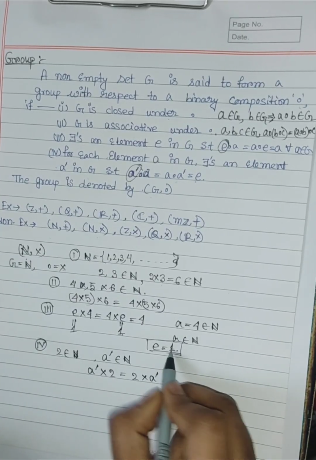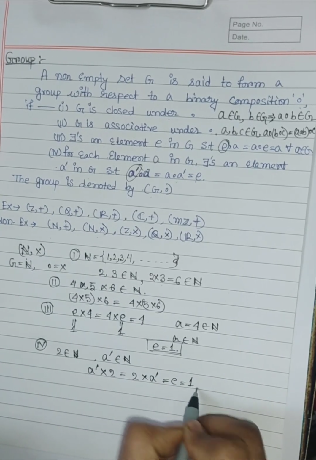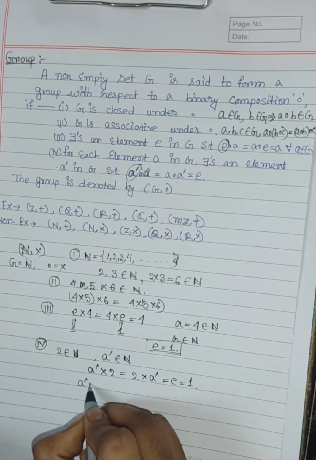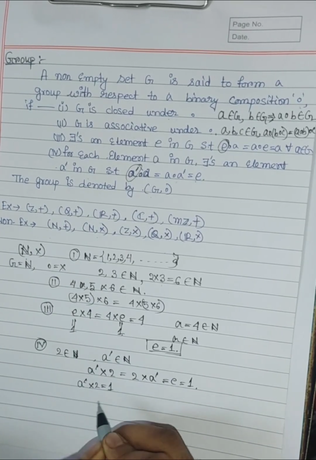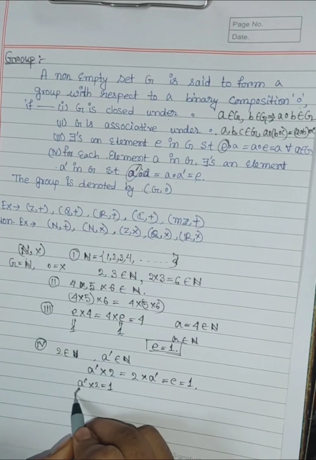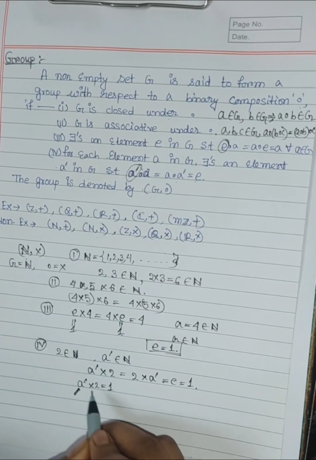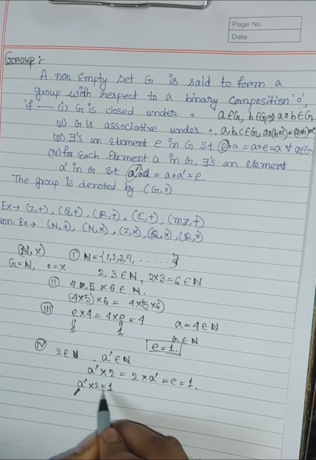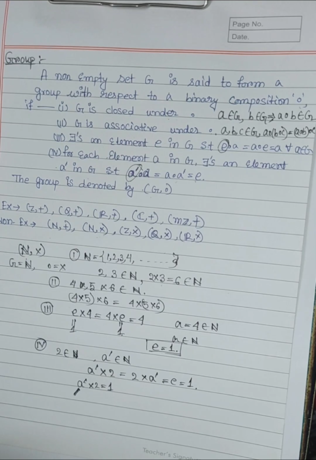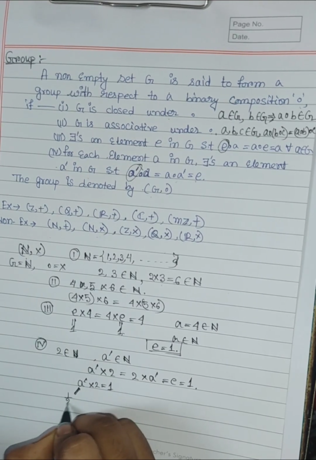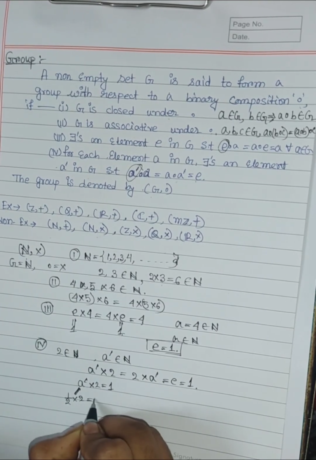What is the identity here? Here the identity is 1. So A dash into 2 equal to 1. What should the value of A dash be, so that the multiplication is 1? If I take A dash equal to 1 by 2, then 1 by 2 into 2 is 1.